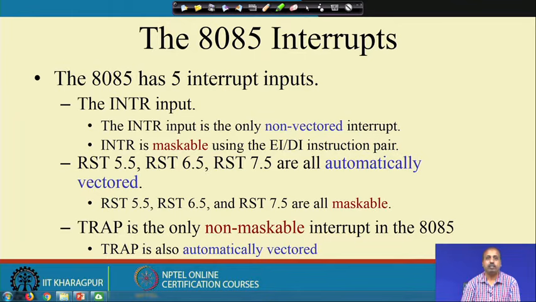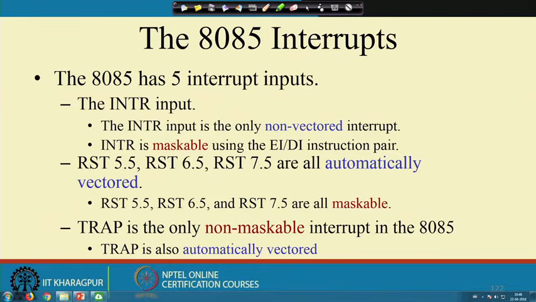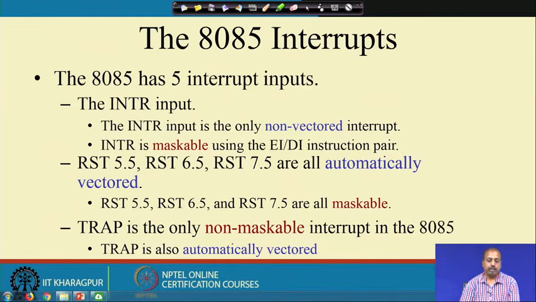Vectored means their ISR addresses are known, so the processor will jump to a particular address, and all these RSTs are maskable. The trap is the only non-maskable interrupt in the 8085, and trap is also automatically vectored. Our trap is basically similar to RST 4.5.